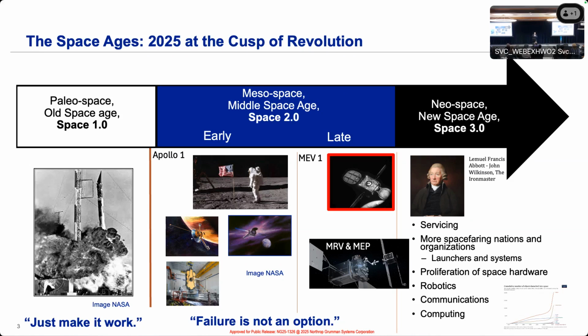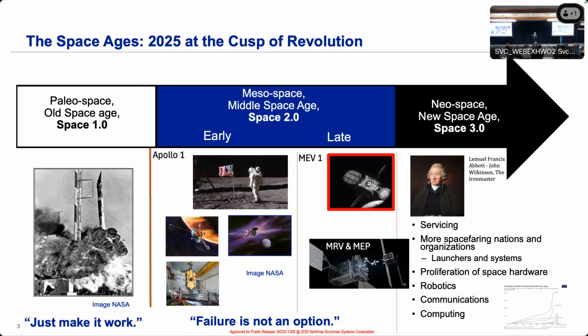There's a division indicated by the activity in the red framed box. This was what Joe Anderson alluded to, our MEV-1 mission. This was a robotic servicing mission of an unprepared spacecraft. So I will divide the middle space age into early and late middle space age.